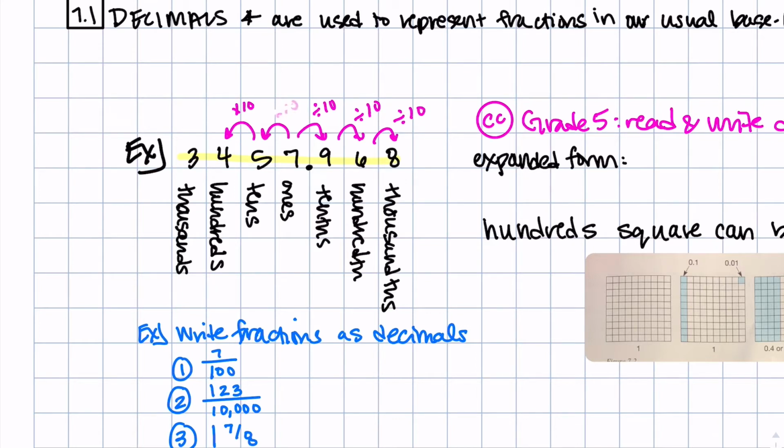And so kind of extending that back to our whole number representation, we're doing really the same thing if we just go the other direction, right? If I go from thousandths to hundredths, I'm really dividing by 10. Okay, so we're extending that idea.